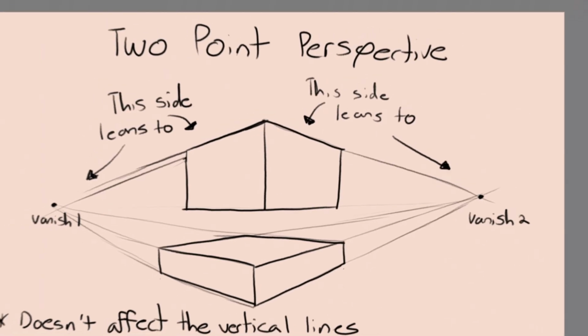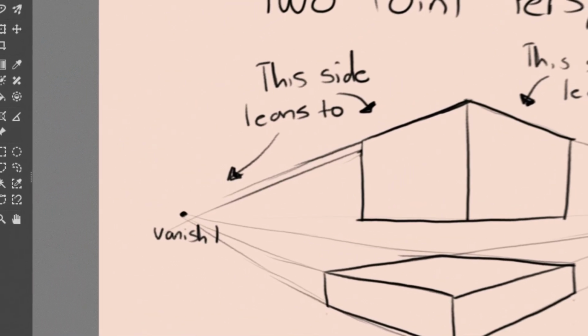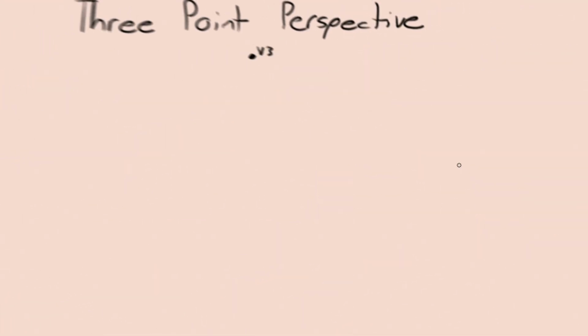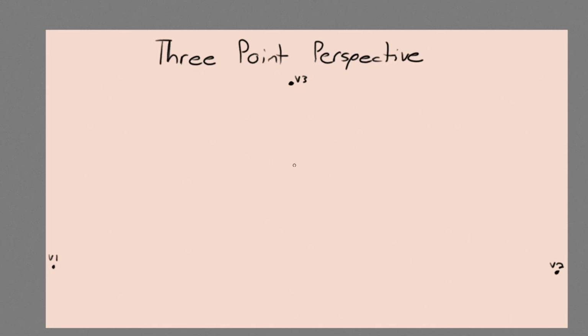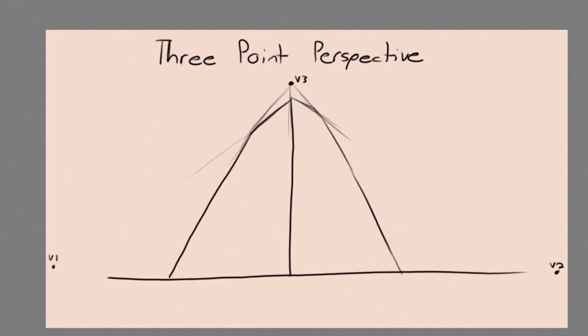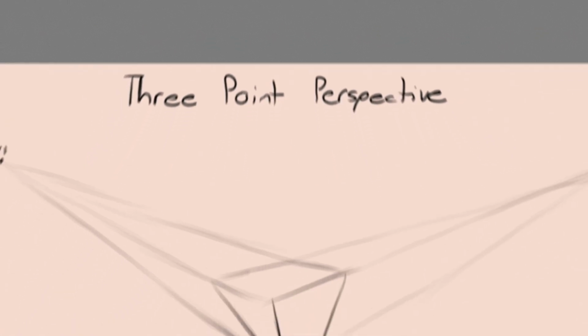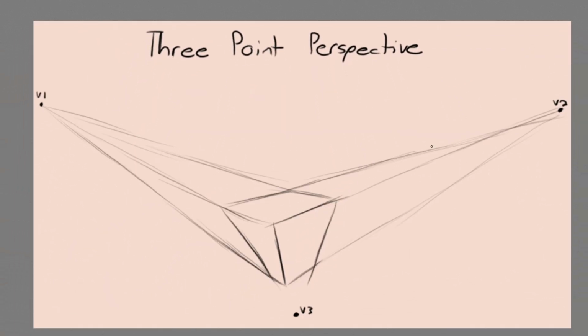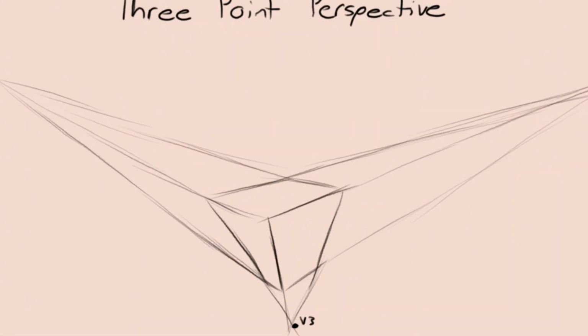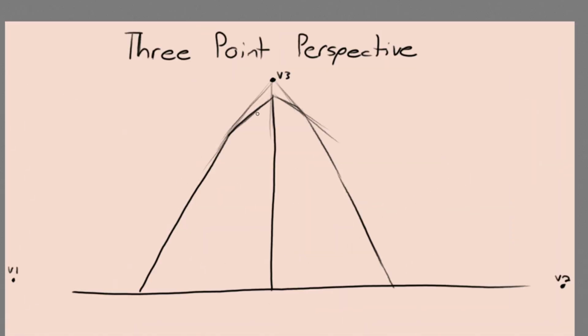It affects both sides of the cube and gives that angled, really 3D 3/4 look. And 3 point affects the vertical lines of the cube. So it sells the look of something massive approaching, or something very tiny, depending on where you put these points as well. If you want a top-down view, maybe put your vanishing point here. If you want a bottom view, seeing things from the bottom, put your vanishing point there.